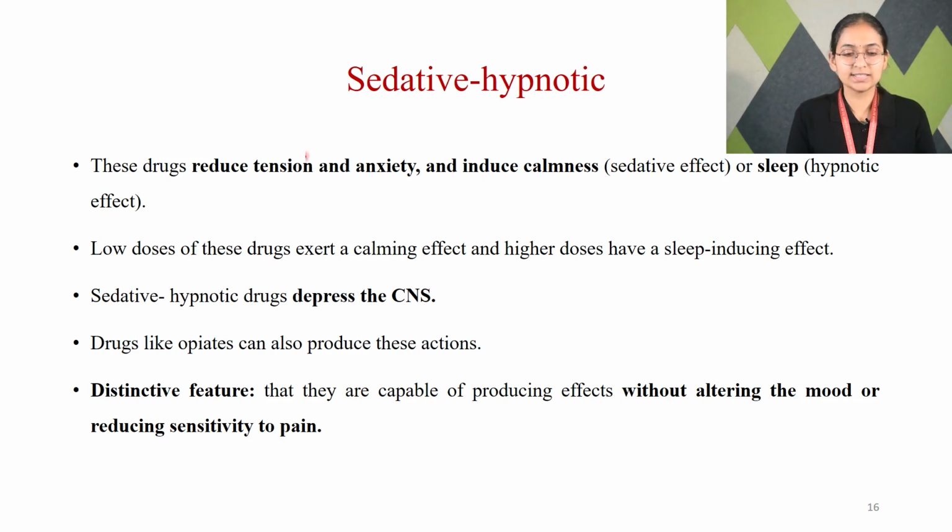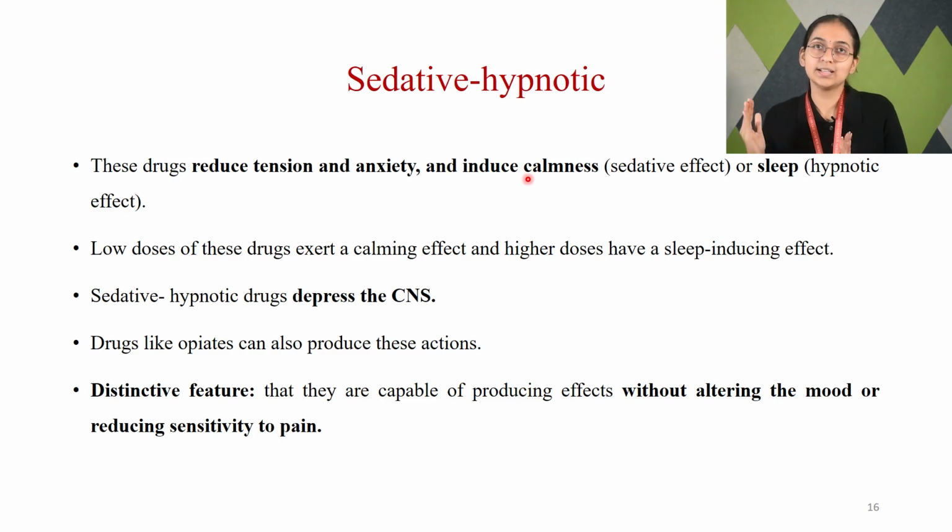These are the drugs which reduce the tension and the anxiety. Along with that, they induce calmness, and that calmness effect is known as the sedative effect. If a higher dose is given further, then it converts into the sleep effect.